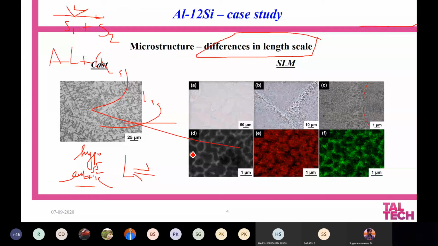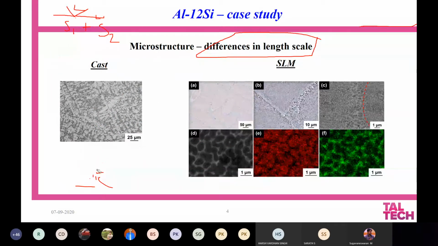So this is the typical eutectic reaction, and because of it you have the microstructure of aluminum plus aluminum-silicon eutectic. What you see in this image, or precisely in this microstructure, is both aluminum, which is because of the hypoeutectic regime, plus the eutectic, which is aluminum plus silicon.